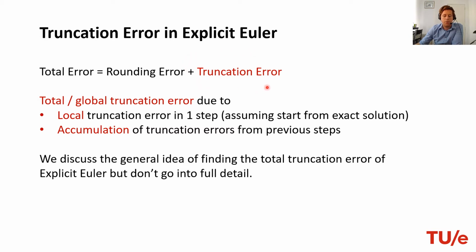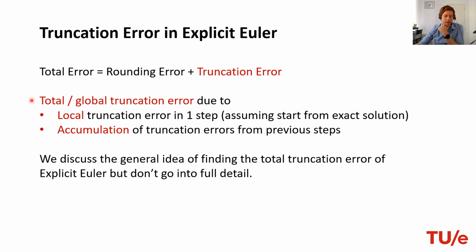In this lecture, we focus on the truncation errors because they tend to be dominant in these kinds of applications. And this total or global truncation error that we observe after a certain interval of integrating such an ordinary differential equation is due to two contributing factors.